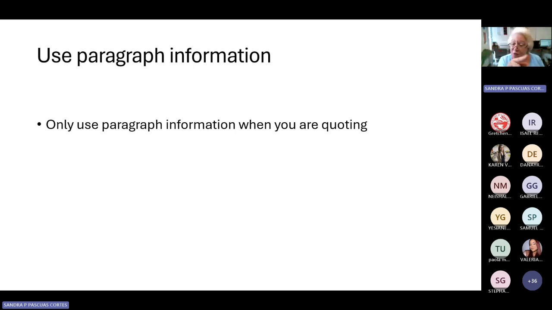You read the information, and then at the end of the quote, you have to explain. Because the paragraph information is obviously a tool for you to continue with your presentation. It is not the presentation. It is there to give you reliability on what you're saying.